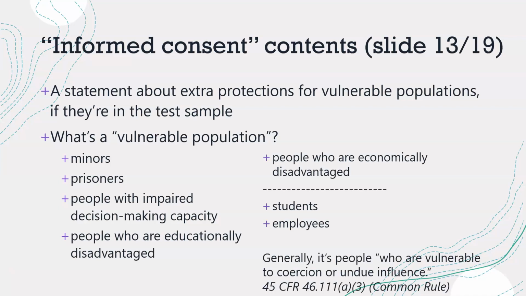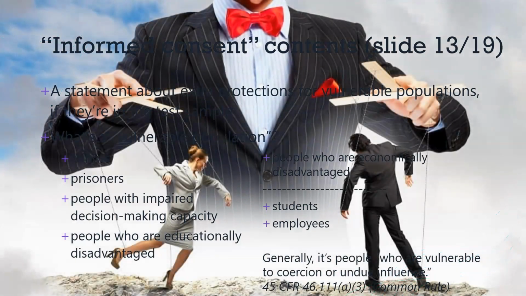So when we talk about vulnerable populations, they are people who are vulnerable to coercion or undue influence. If there is a vulnerable population in your sample of participants, explain how you are protecting them. The big deal here is you can't play puppet master.